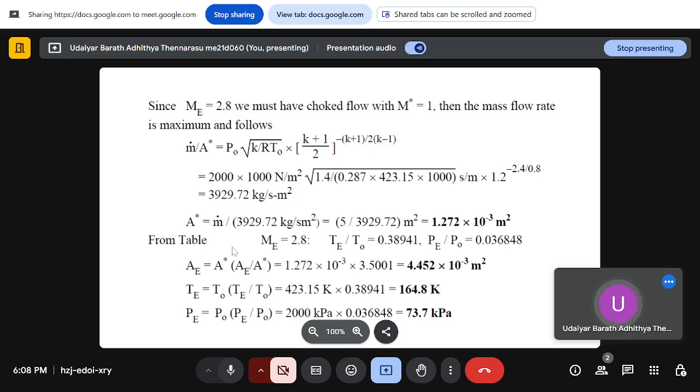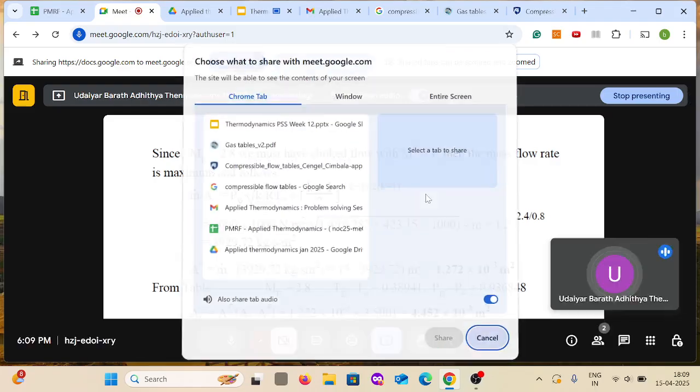So from table now we can find out, since we know the stagnation pressure and stagnation temperature, and we also know the exit Mach number, so we can directly estimate your exit temperature and exit pressure. So for that we'll use the chart.